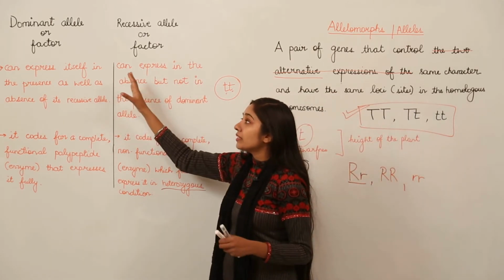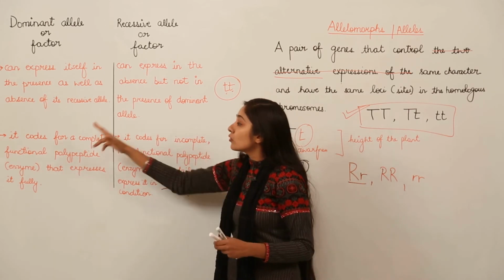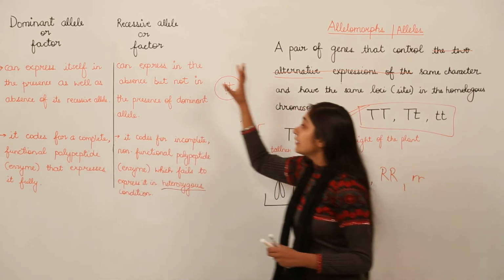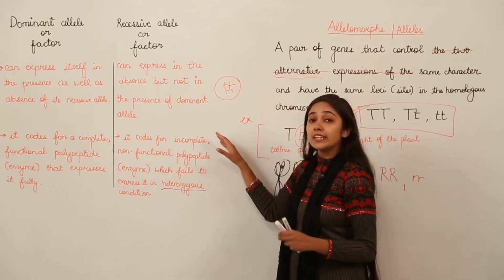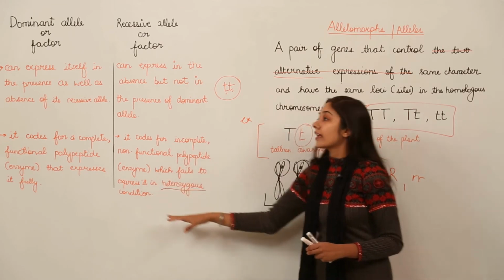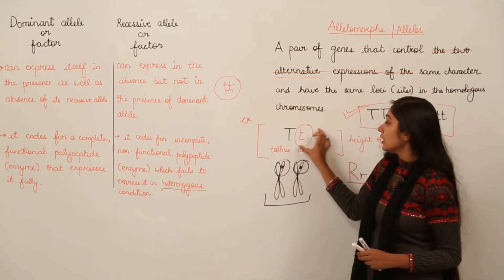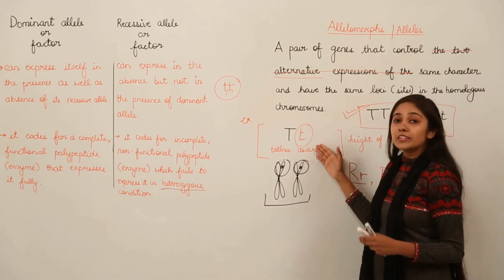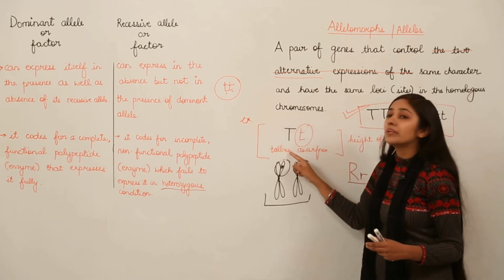And why is the dominant allele going to express? Because it encodes for a complete functional polypeptide that expresses it fully, and the recessive allele codes for an incomplete non-functional polypeptide which fails to express it in heterozygous condition. It means that for this condition, this recessive allele will not be able to express itself because of the presence of this dominant allele. Okay.